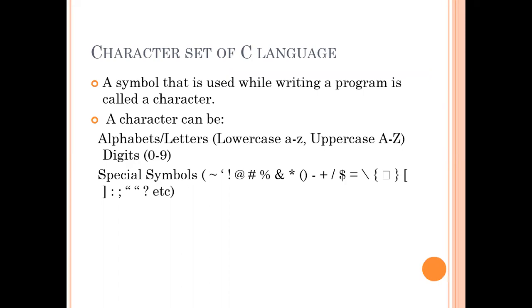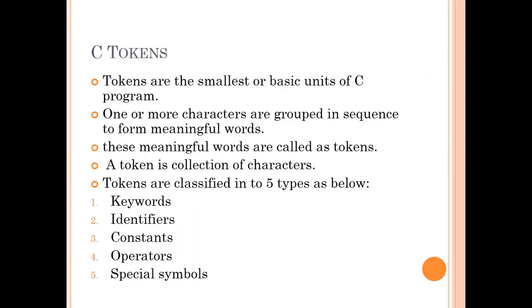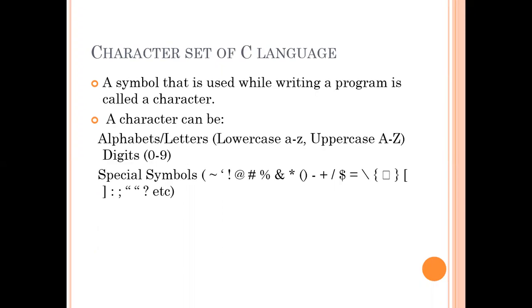The entire character set is available. Please refer to the textbook for elaborated character sets. Repeat, the characters in C are grouped into the following categories: letters, digits, special characters, and white spaces.